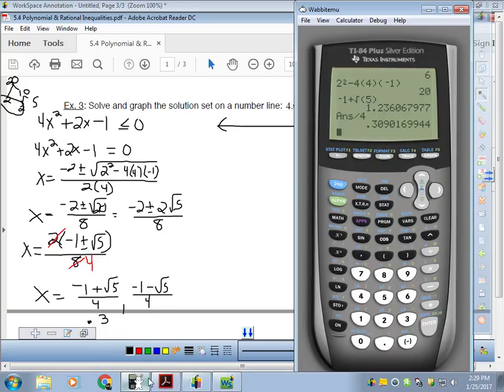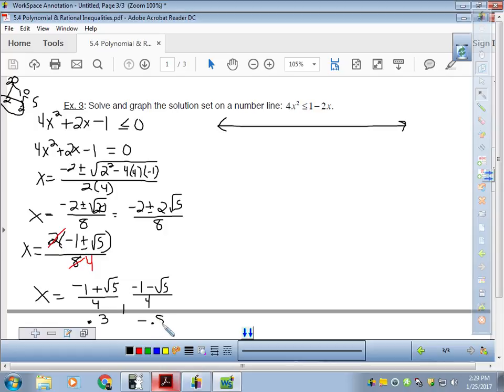And then the other one, -1 minus the square root of 5, and then take that answer and divide by 4. This is approximately -0.8. So this one is going to come first. We'll have -1 minus the square root of 5 over 4. And then over here I'll have the other one, which is -1 plus the square root of 5 over 4.